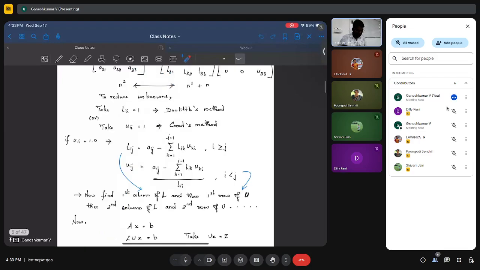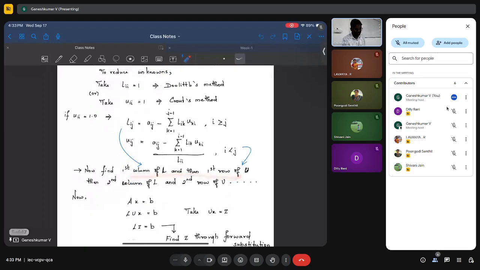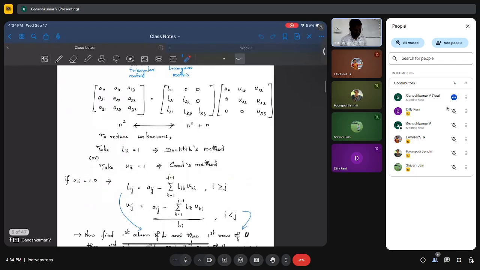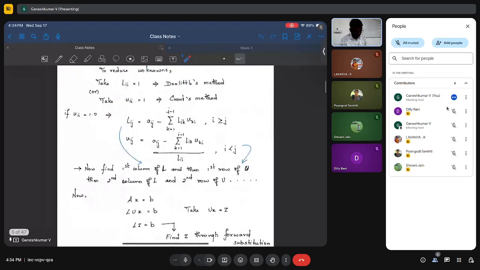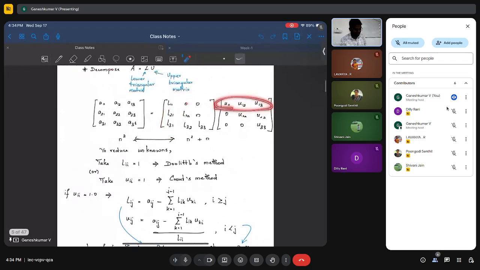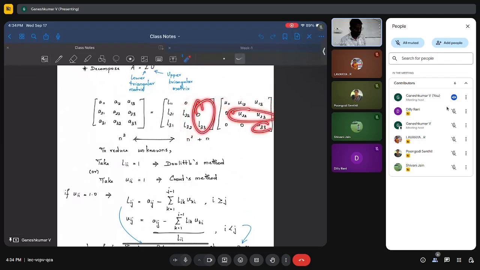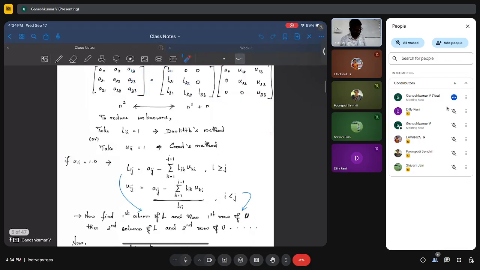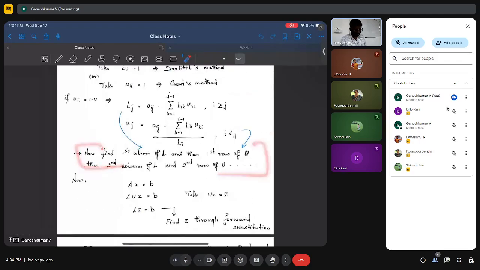So we first find the first column of L and then the first row of U, and then the second column of L, and then the second row of U, and then the third column of L and the third row of U. So that is the methodology that we usually follow.